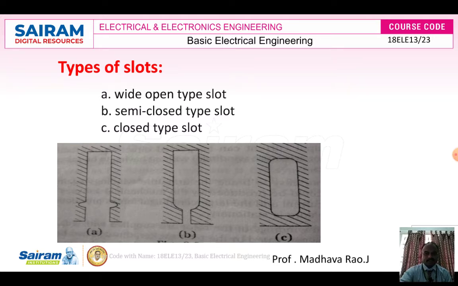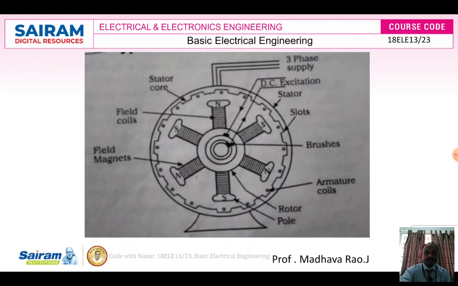Next, the construction diagram of the synchronous generator looks like this. It consists of the pole, rotor, armature coil, and brushes. The armature coil is used to induce the EMF: once the magnetic flux cuts the armature coils, EMF is induced according to the electromagnetic induction principle.